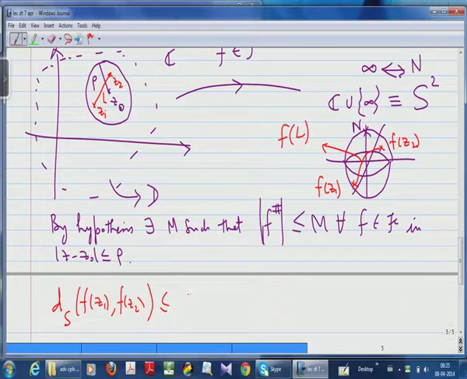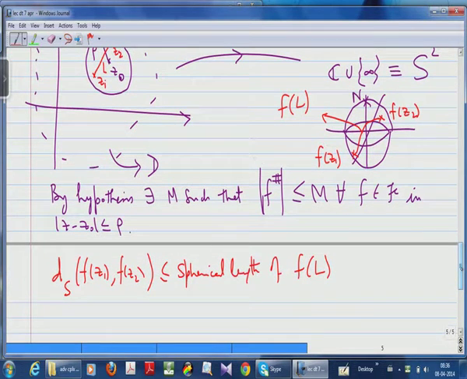So that is the spherical distance, and this is certainly the smallest distance, and so this is certainly less than the spherical length of f of L.